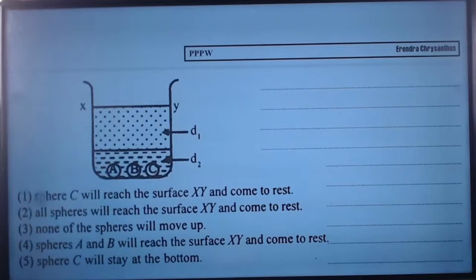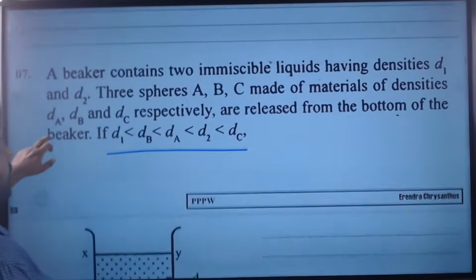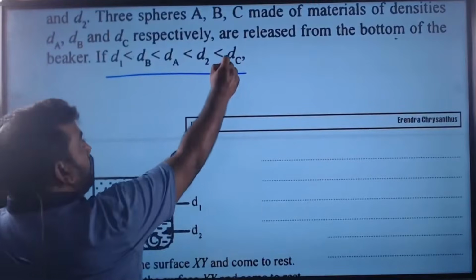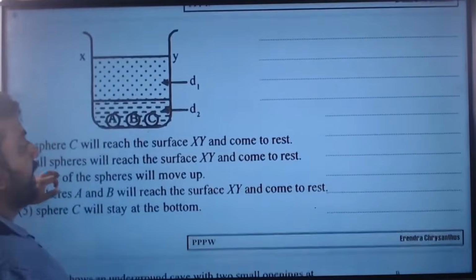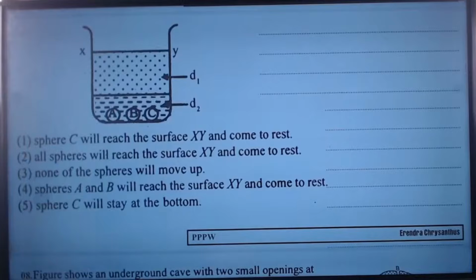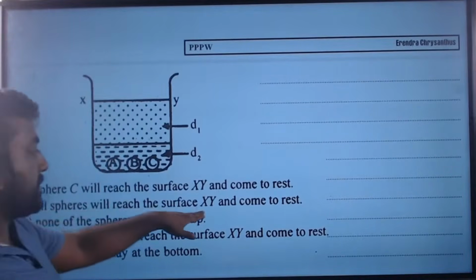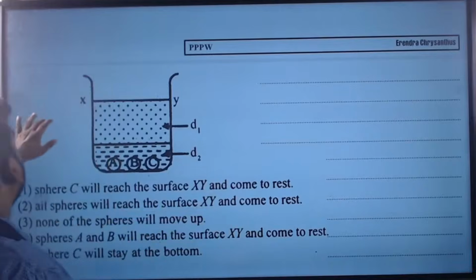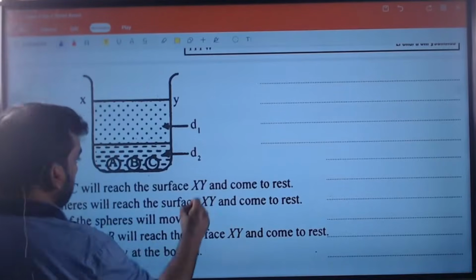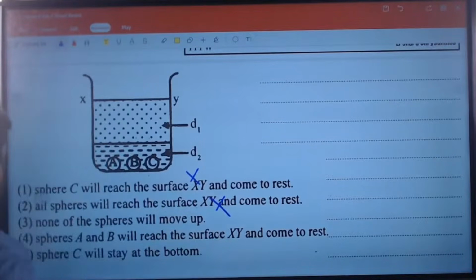Look at the densities and tell me. dC is large. With such a large density, can it go to the surface? The answer is no, C cannot go to the surface. So this statement is wrong.